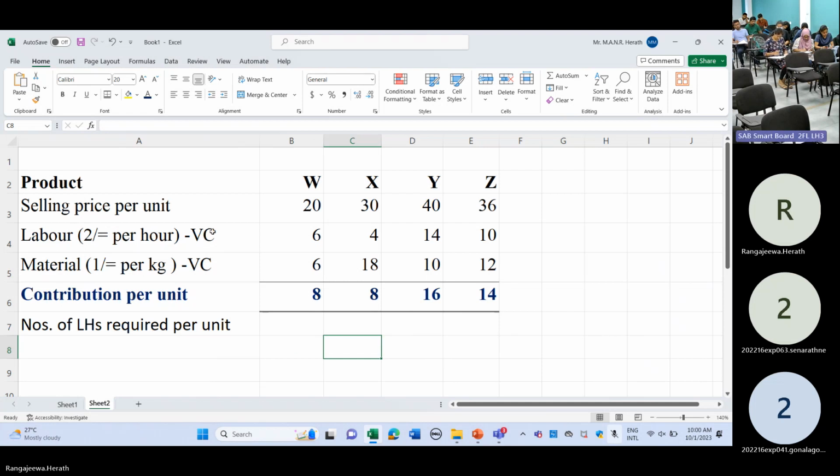How to find that? We have a labor cost of 6 rupee, and the rate is 2 per labor hour. That means 6 divided by 2, number of labor hours 3. The labor cost is 4 rupee, so 4 divided by 2, 2 hours. 14 labor cost means it requires 7 hours. 10 labor cost means it requires 5 hours.